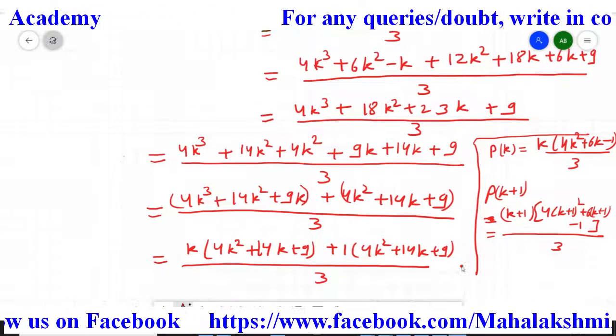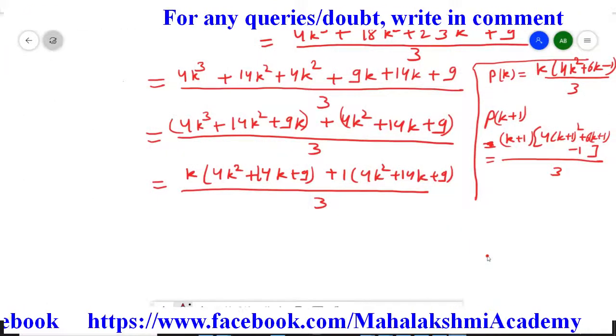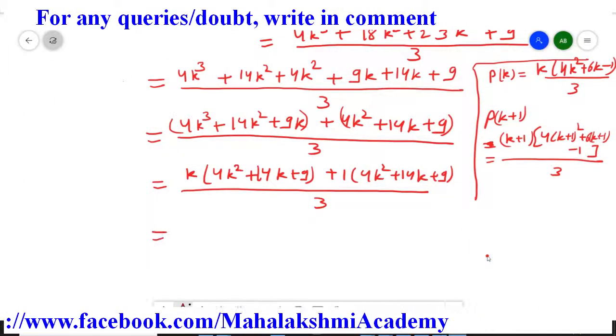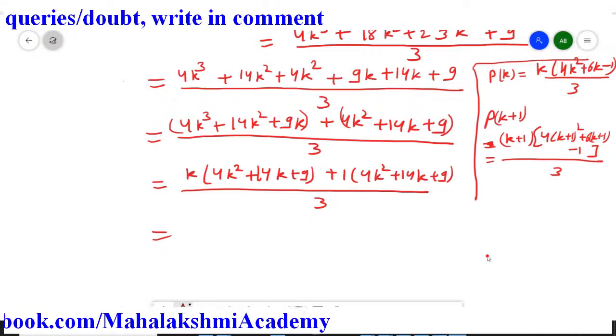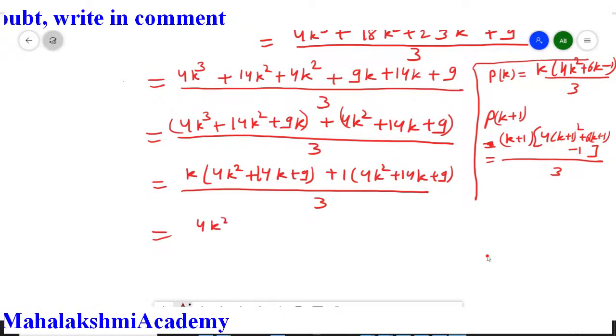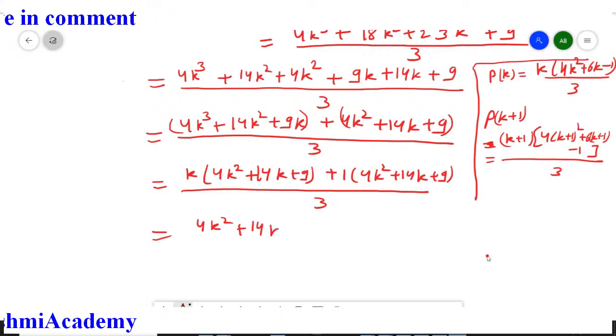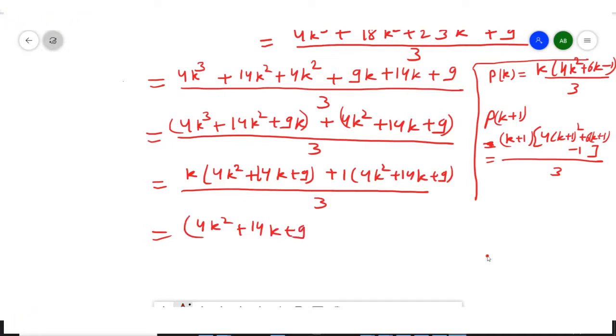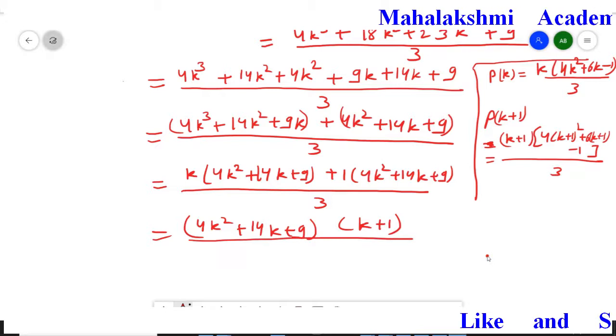Now after this what you should do is, because this bracket is common, so take 4k square plus 14k plus 9 common, so we remain with k plus 1 and whole divided by 3.